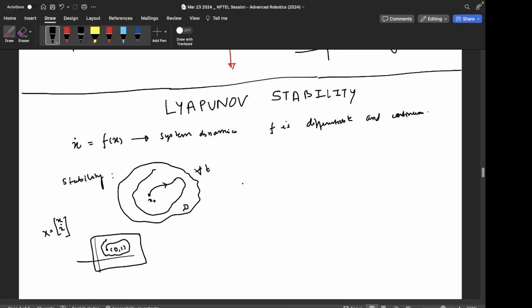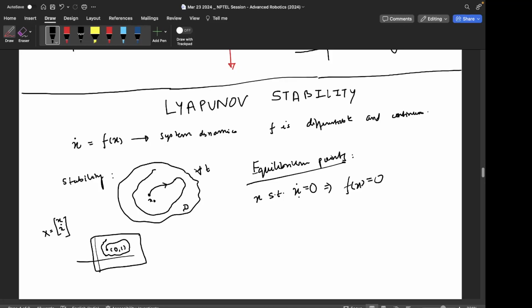So the first thing that we will see is equilibrium points. So what are equilibrium points? The place where x dot is equal to 0. That is, if you place the system at that state, and if there are no perturbations, then the system will stay there, right? So x dot is equal to 0, that implies that f(x) is equal to 0.